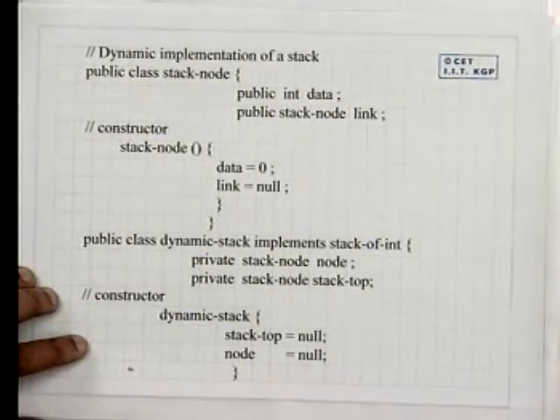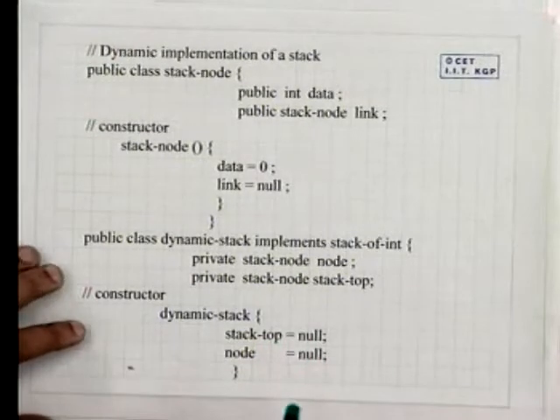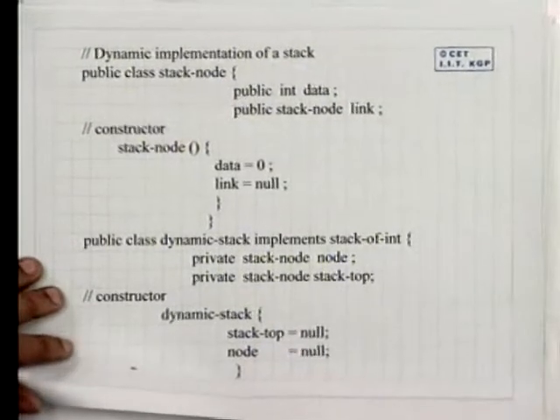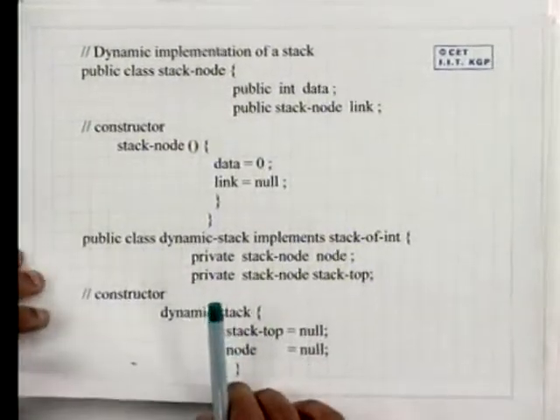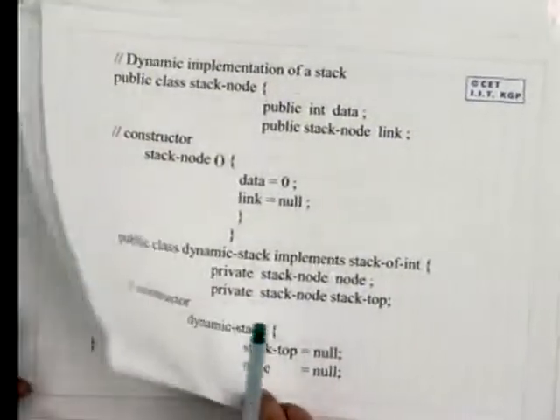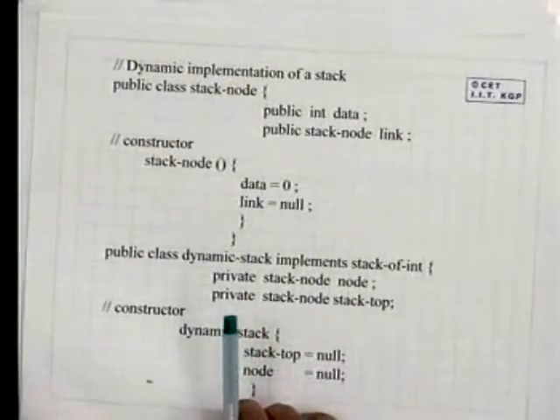Now we define the initial creation: stack top equal to null and node is null. So initially the stack is a null stack, there is no element, and stack top points to null. Next, we have to implement the push and pop operations.